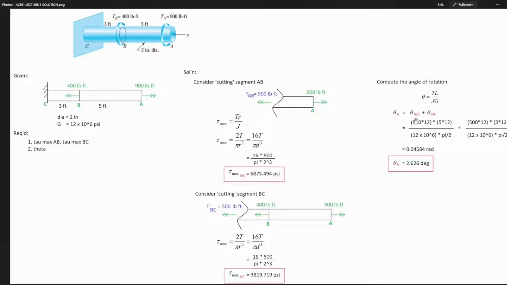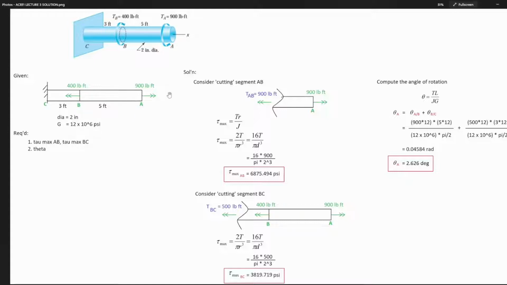Theta A over B means the rotation of A with respect to B. We have a torque here, a twisting moment here, so the rotation is theta A over B, the rotation of point A with respect to point B. Then, because we also have a moment, a torque here, you will have a rotation of B with respect to C. Got it, guys?